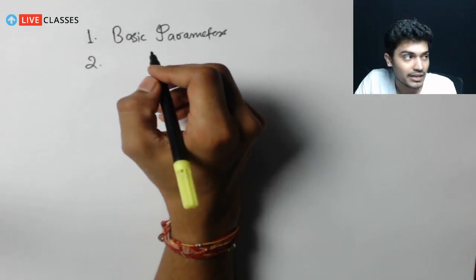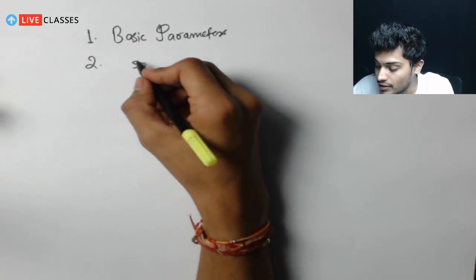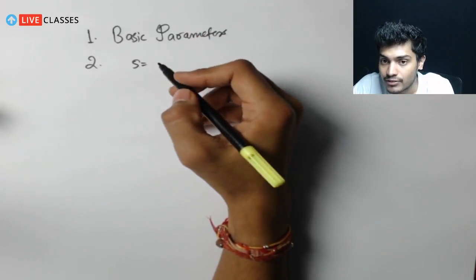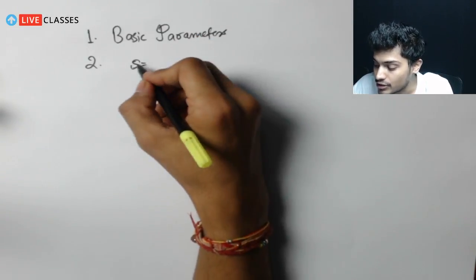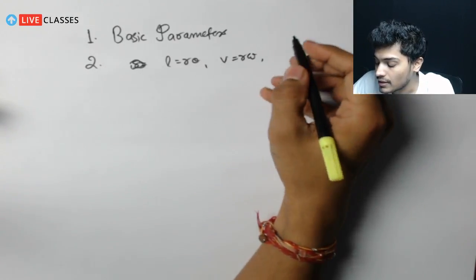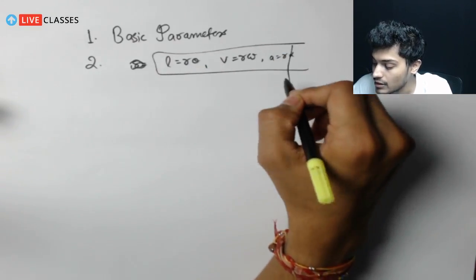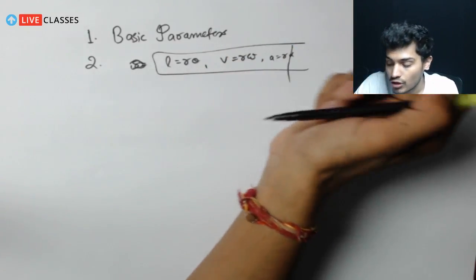So for example, s equal to r theta, v equal to r omega and a equal to r alpha. These are the parameters which must be remembered in order to solve the problems of circular motion.